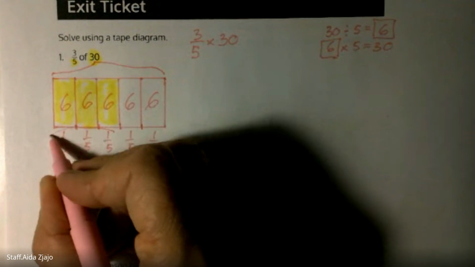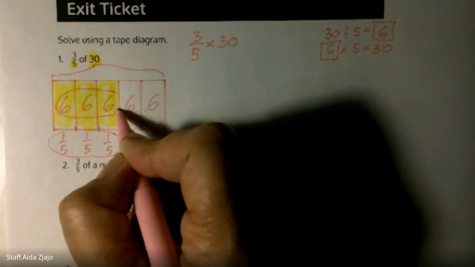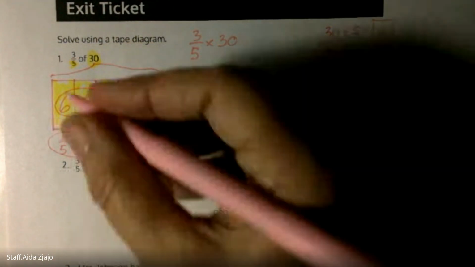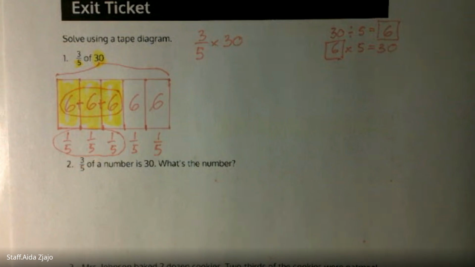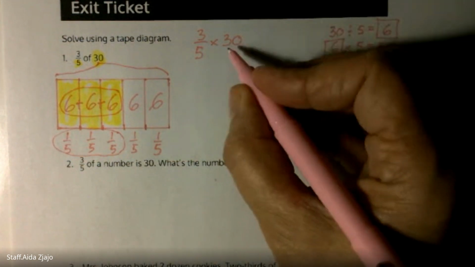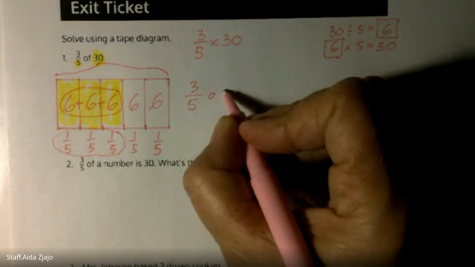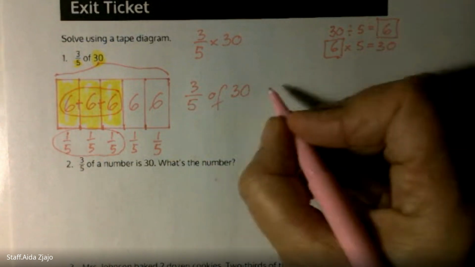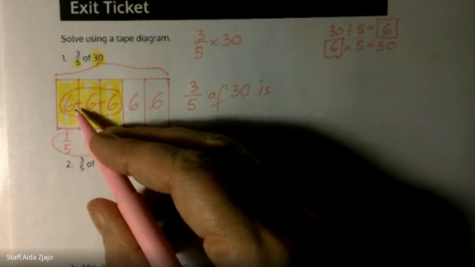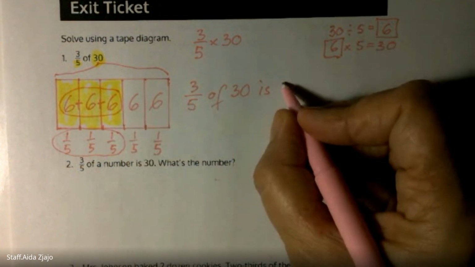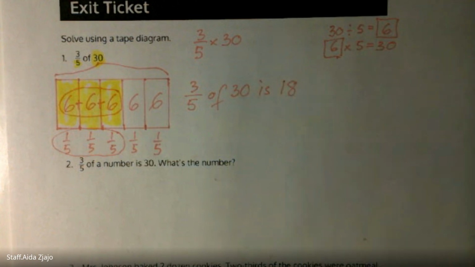These three numbers together tell you how many pieces you take. So 3/5 of 30 cookies is 6 plus 6 is 12 plus 6 is 18. So we got that answer.